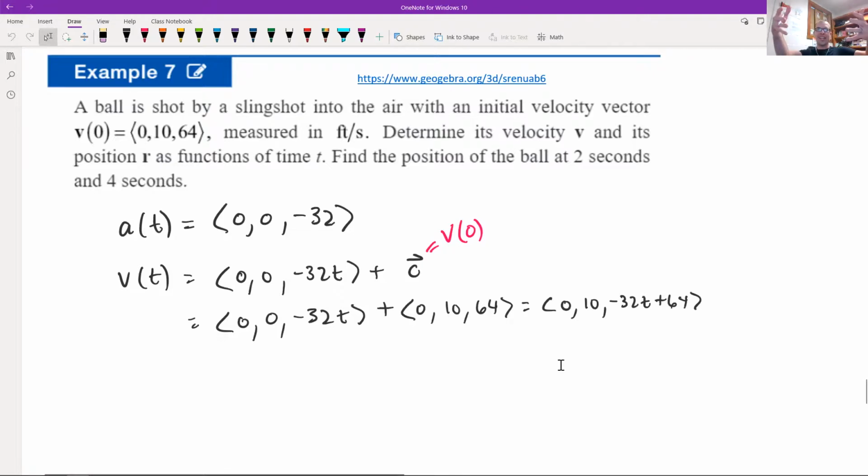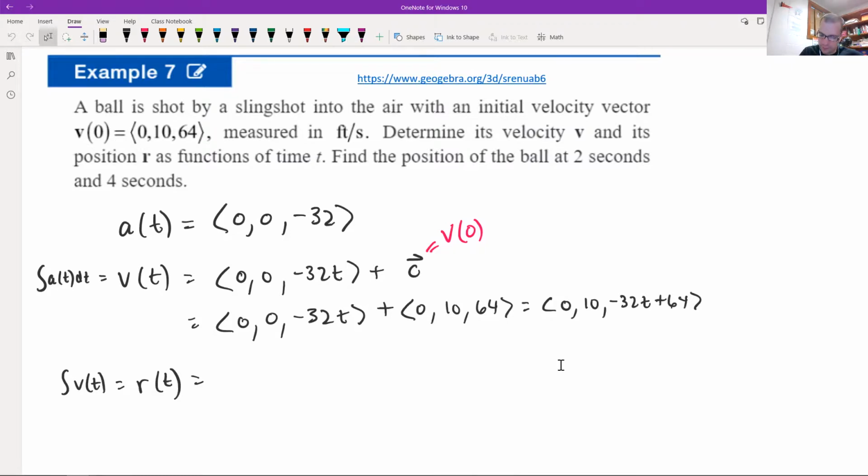One more time, taking an antiderivative. I should have written over here, antiderivative of a of t gives us v of t. Antiderivative of v of t gives us r of t, and this will be our position function.